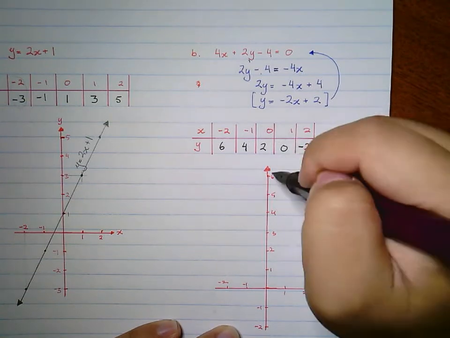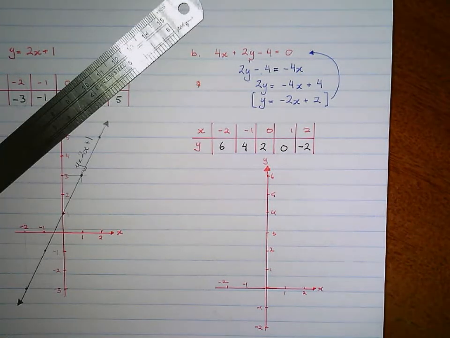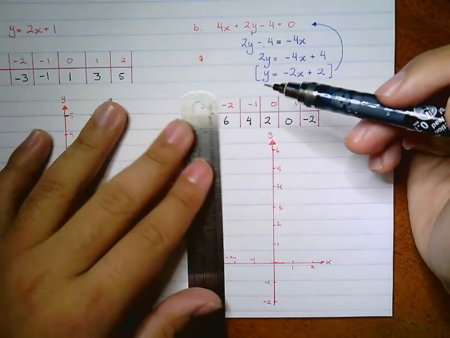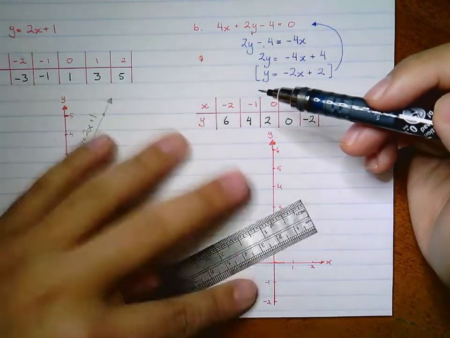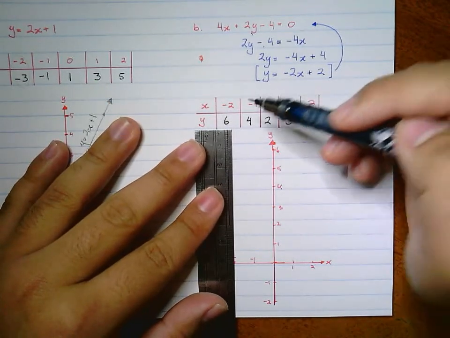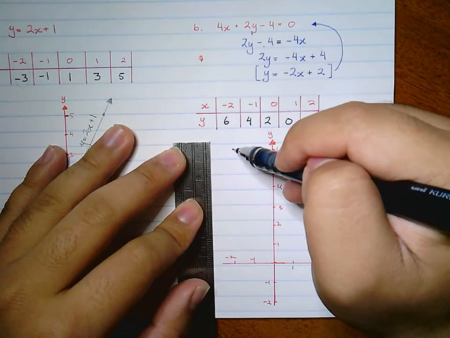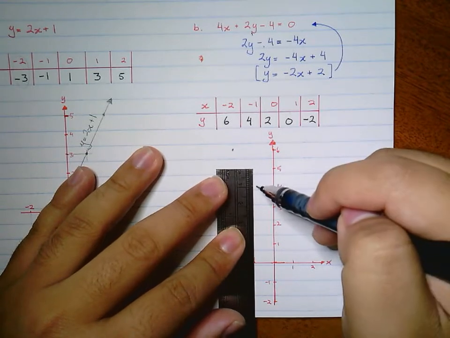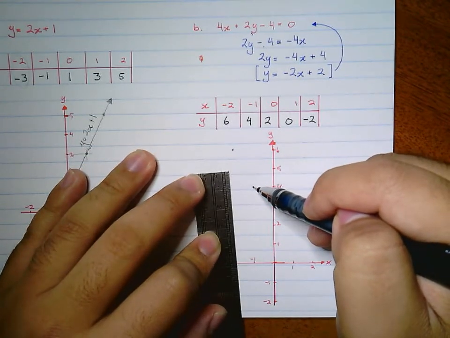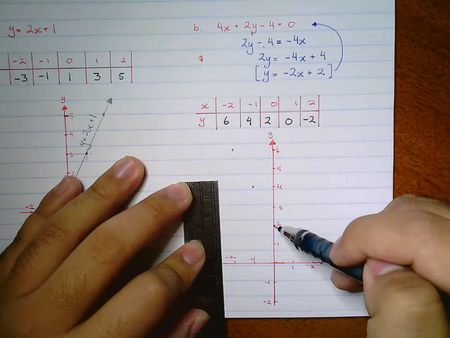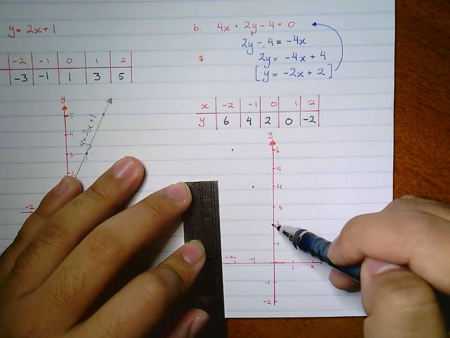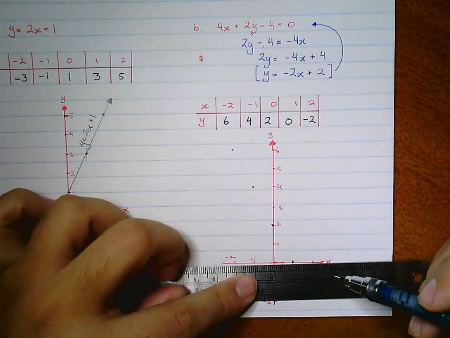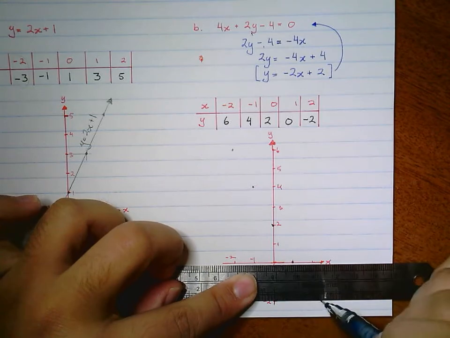It's my x coordinates, it's my y coordinates. Taking the points, -2, 6. -1, 4. 0, 2. 1, 0. 2, -2, just so I can get it nice and neat here.